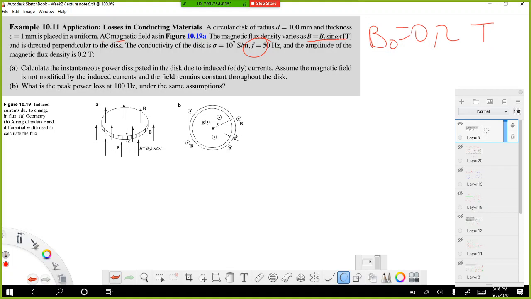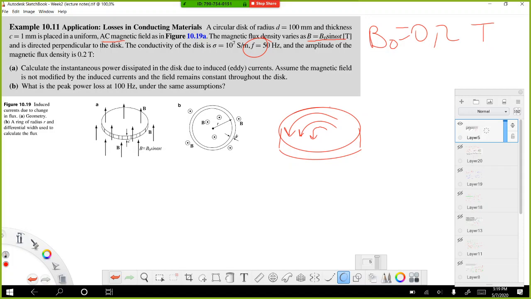So we said if we put some conductor, in this case a very thin cylindrical or very thin disk, in the magnetic field with changing flux density B, inside the disk there occur eddy currents, and these eddy currents start to heat up our disk.